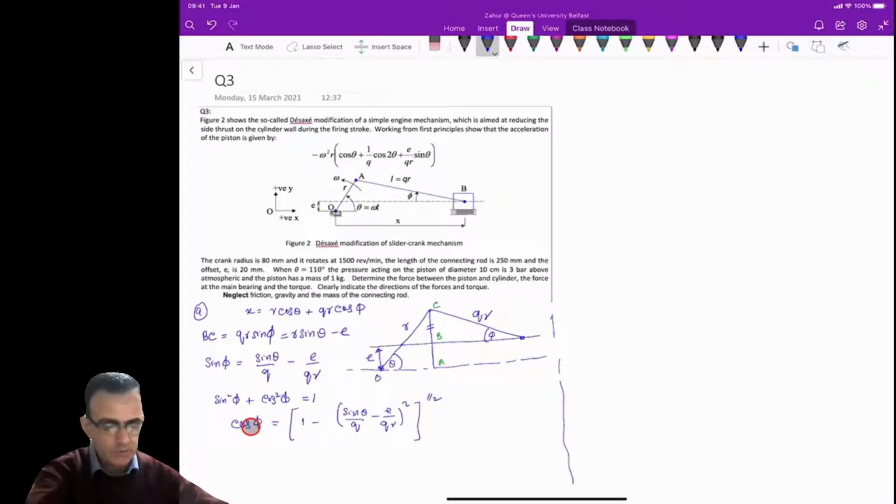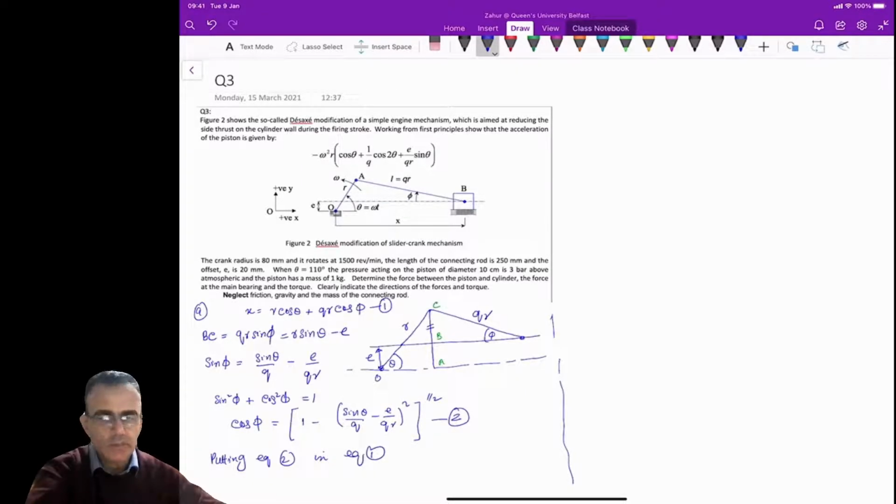So we calculated cos phi here. This was our equation 1, and you can call this equation 2 here. So put equation 2 in equation 1.